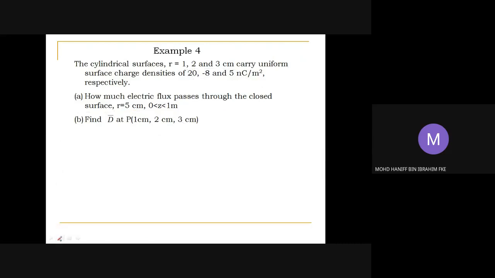Part B is basically to find D at this position, which is 1, 2, and 3 centimeters. You need to know the actual radius for the point P. Let's use a Cartesian coordinate system x, y, and z, so x should be 1, y should be 2, and z should be 3.